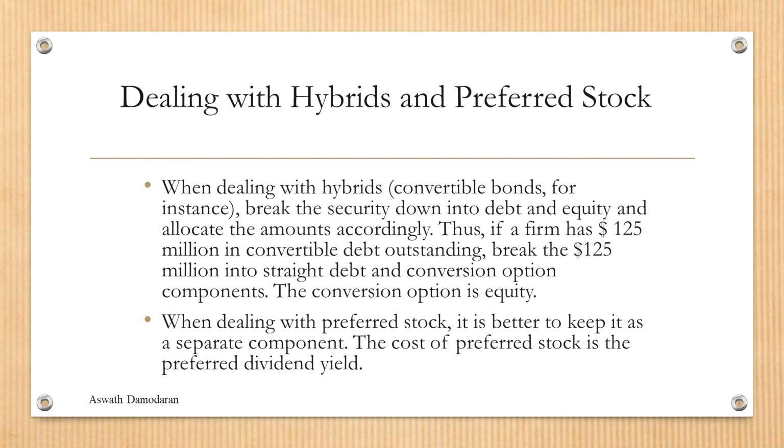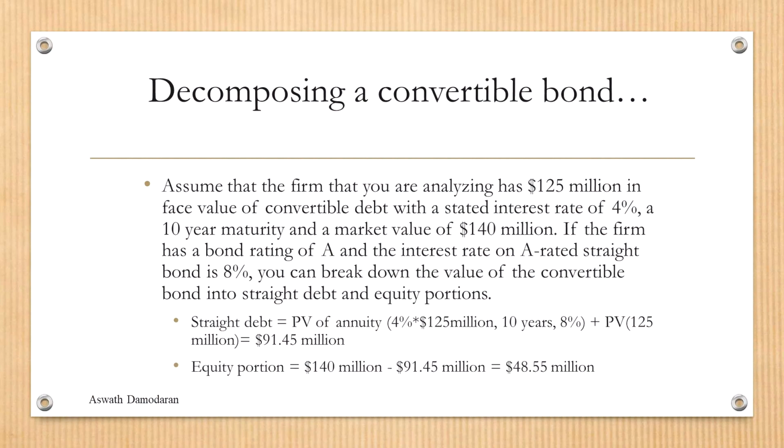And the preferred stock looks like stock, but actually it's another type of hybrid because preferred stock can be viewed as stock plus option. So let's see how we decompose a convertible bond into an equity part and a debt part in your weight calculation.